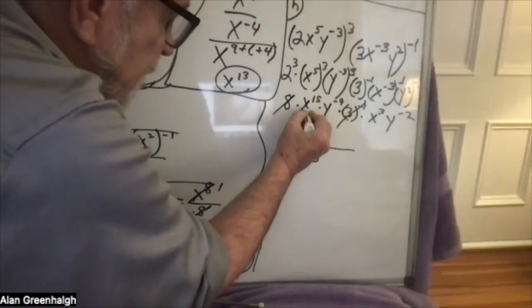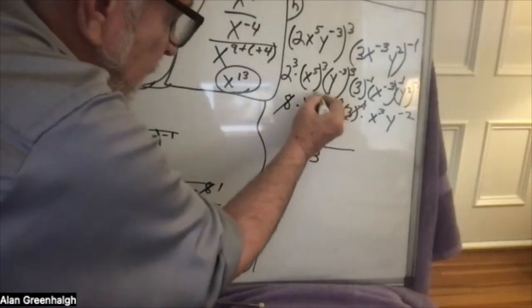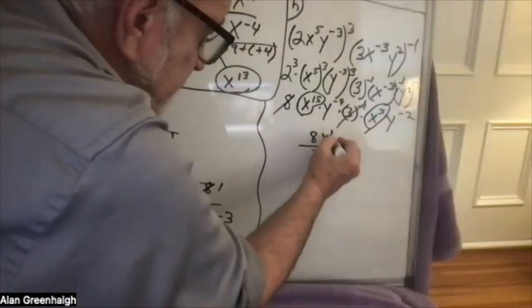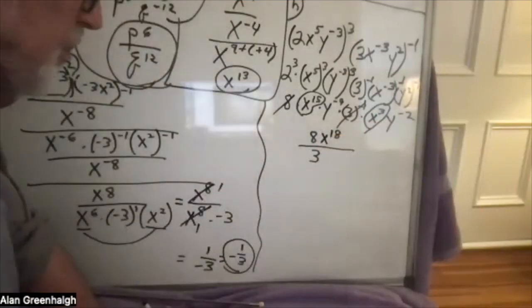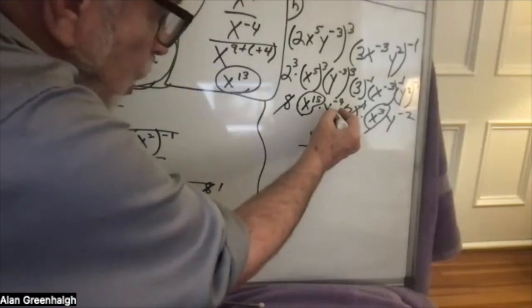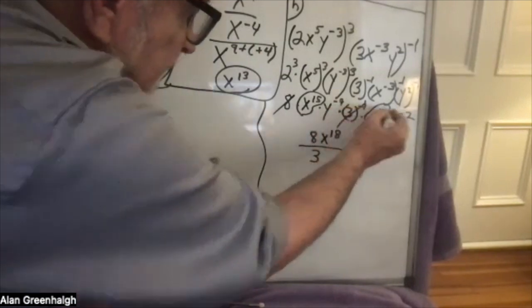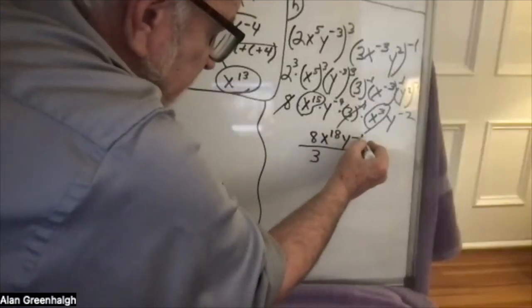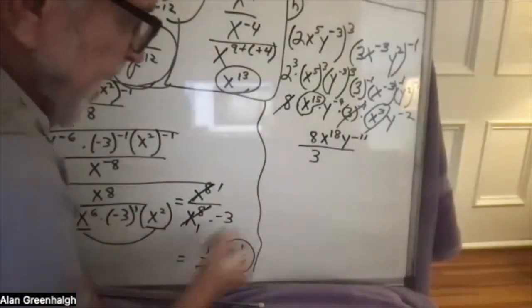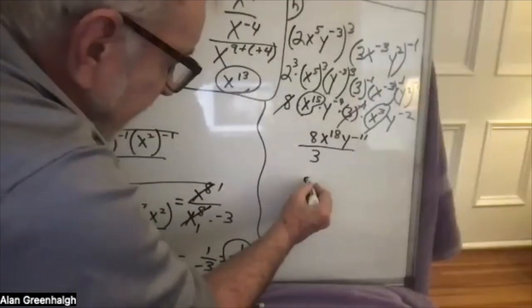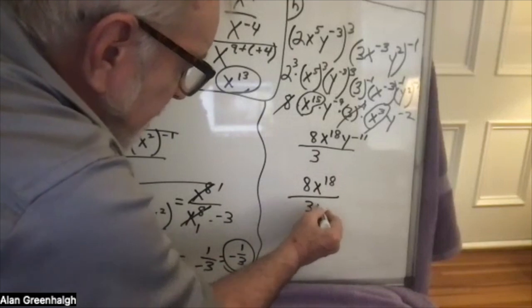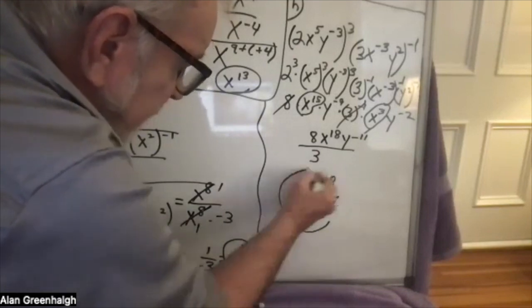Then x to the 15 gets multiplied by x to the 3rd and becomes x to the 18th. And then y to the negative 9 times y to the negative 2 is y to the negative 11. And now this becomes 8x to the 18th divided by 3y to the 11th.